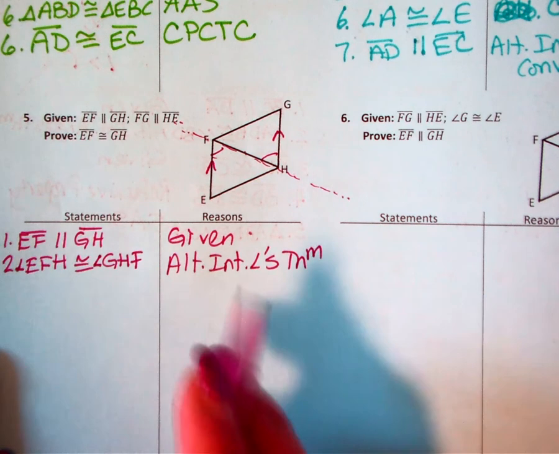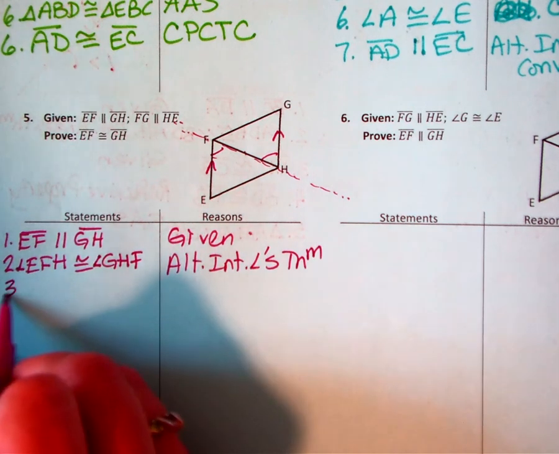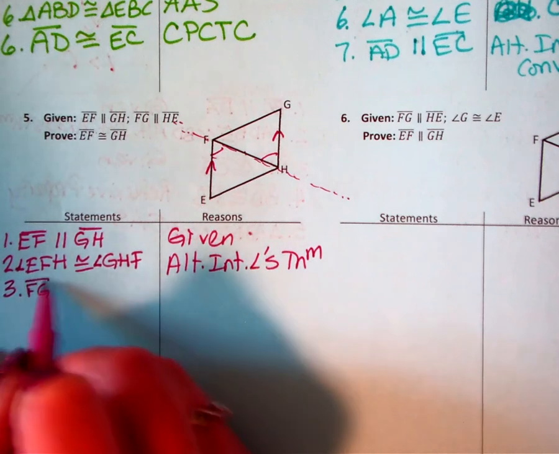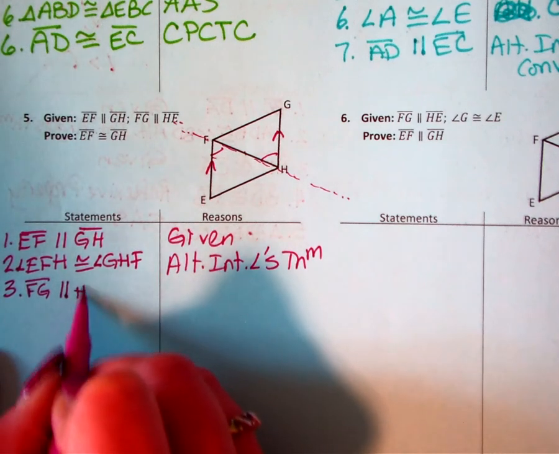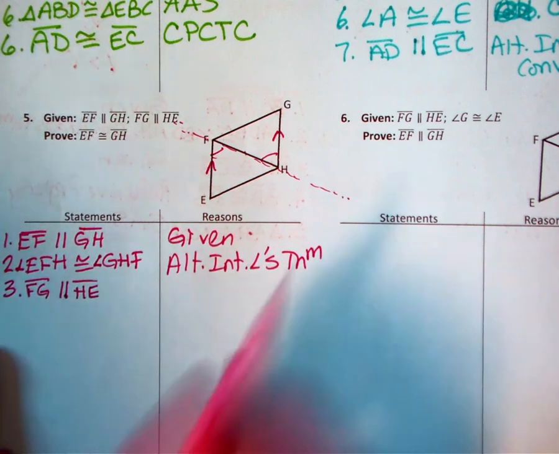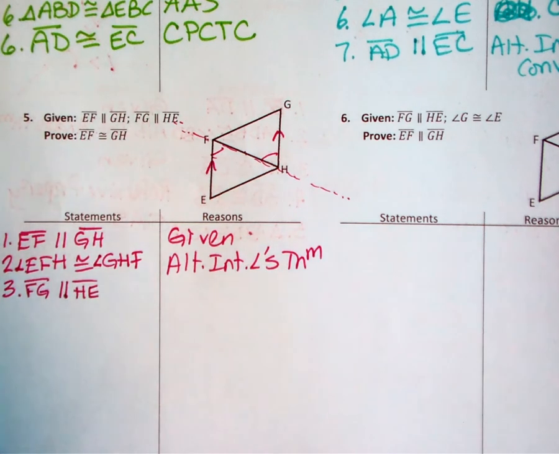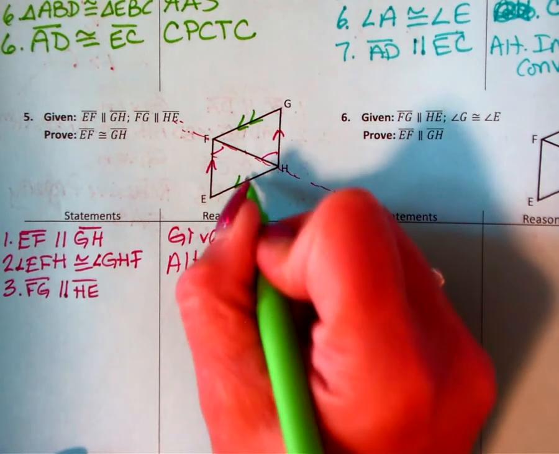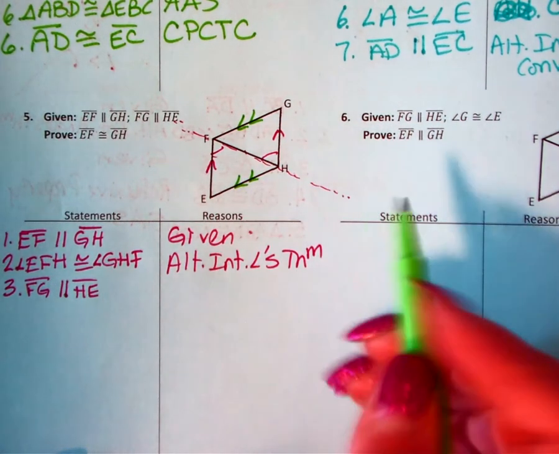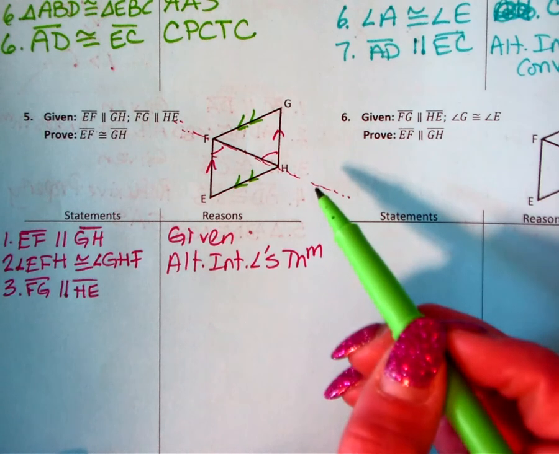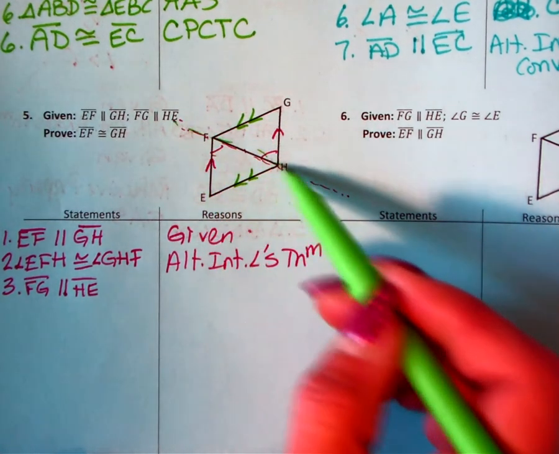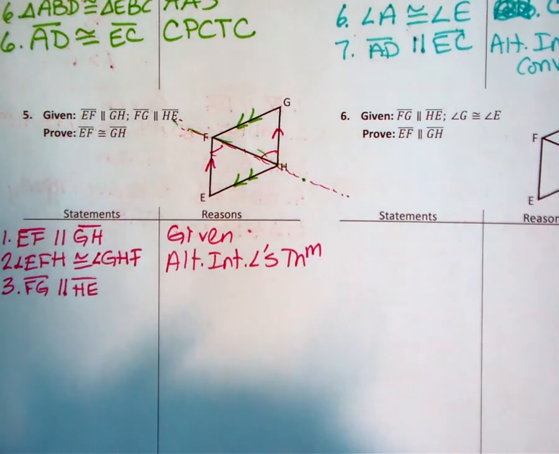Okay, so far. Next, I'm given FG is parallel to HE. Again, the transversal going through here, that's given.